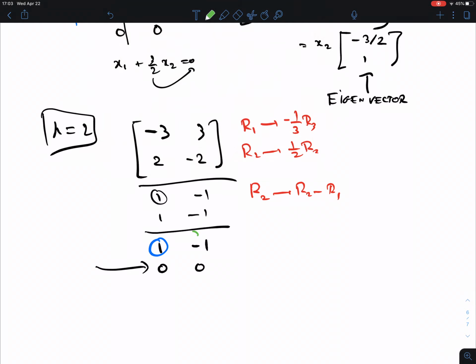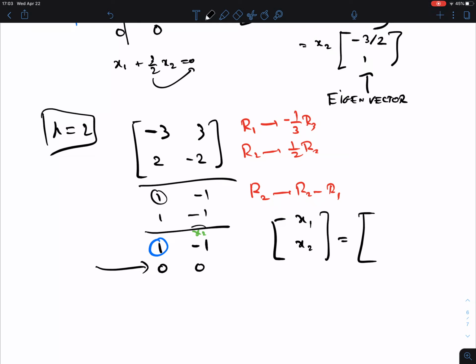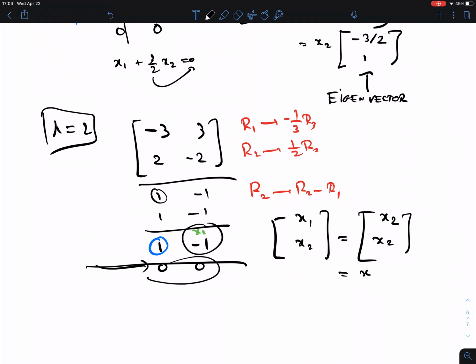So this is x2, and so let's write the solution now. x1, x2 is equal to, x1 is equal to, bring this to the other side, that was a plus x2, and x2 is just itself. So don't forget that. Sometimes people write 0 here because they think, oh, this is this row. No. x2 is equal to itself. These 0 rows never have anything to do with what happens, right?